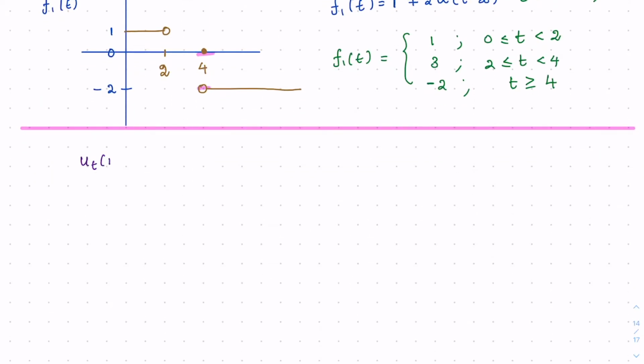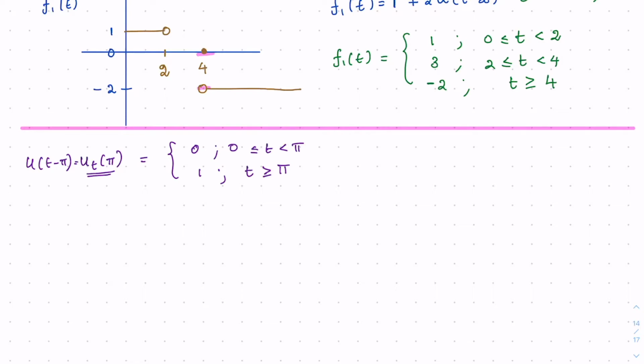u_t of pi, right? What is u_t of pi, ladies and gentlemen? It is 0 all the way up to pi. This is, by the way, same as saying u of t minus pi, right? I like this notation. I'll tell you in a moment why that is. And then it's 1 when t is greater than or equal to pi, right?